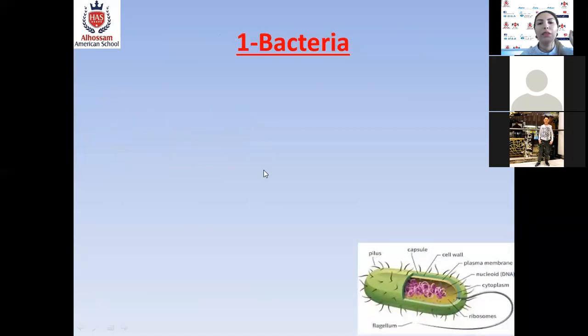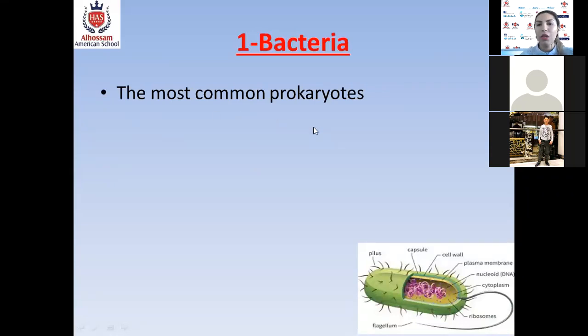Let's start with bacteria. The most common prokaryotes in nature are bacteria, and the singular is bacterium. So bacteria is the plural, while the singular is bacterium.